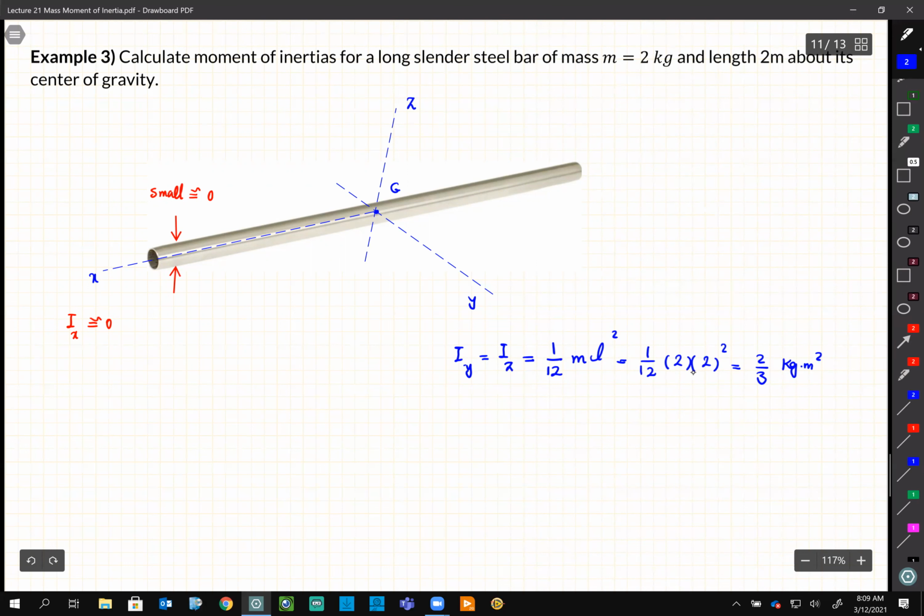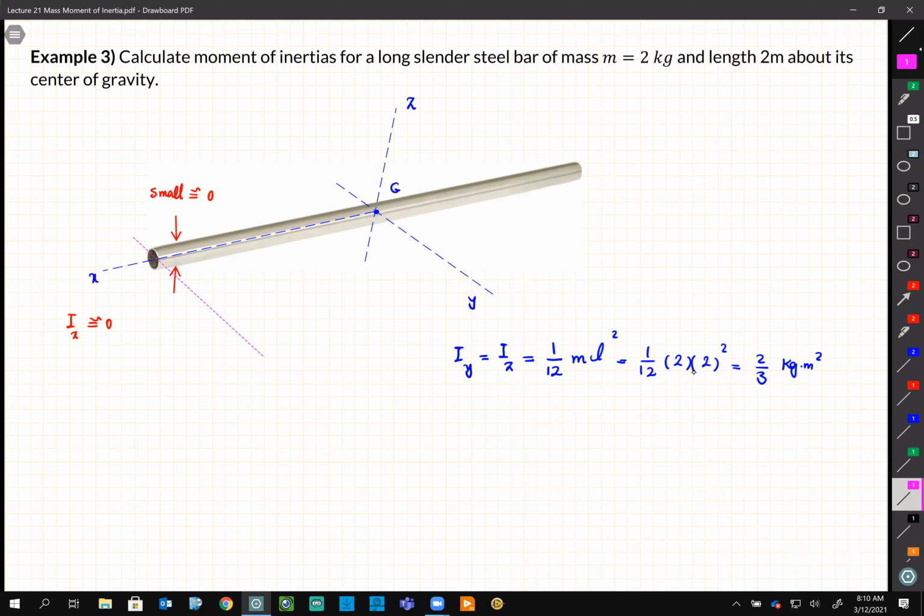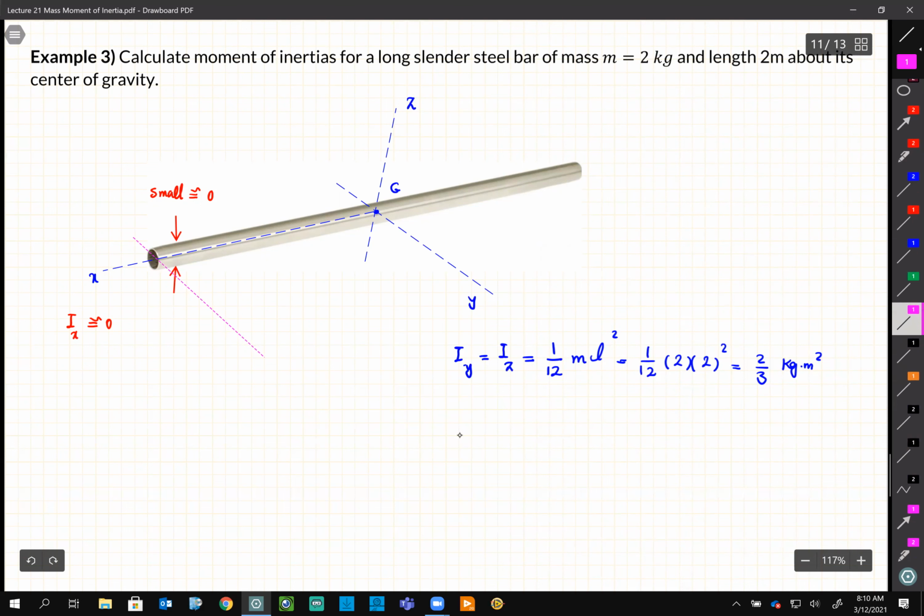If this question asks us to find I about this axis at one end, and it doesn't matter which end, mass moment of inertia is always positive. How can we find I about this axis?